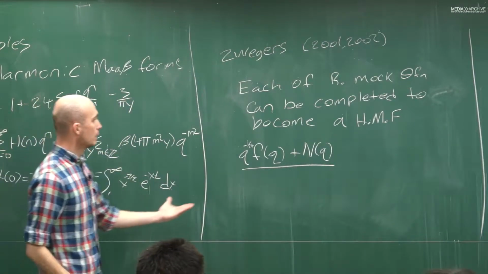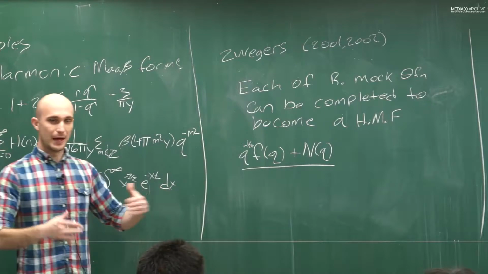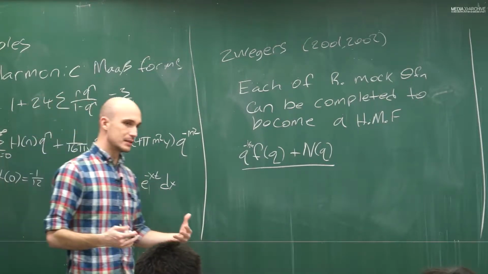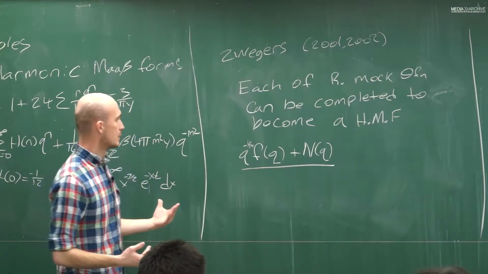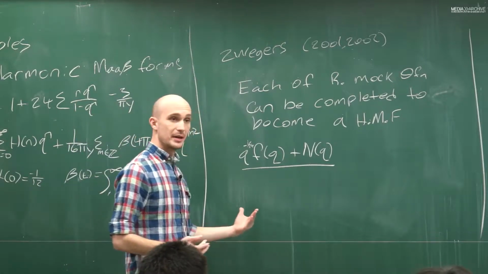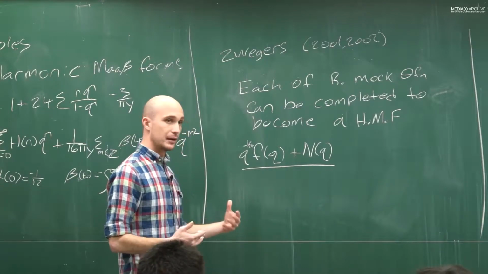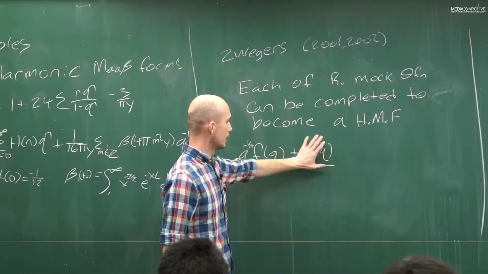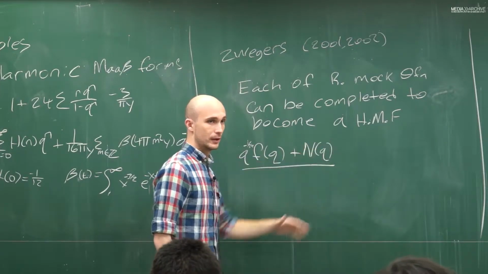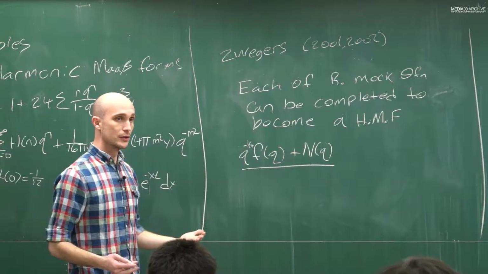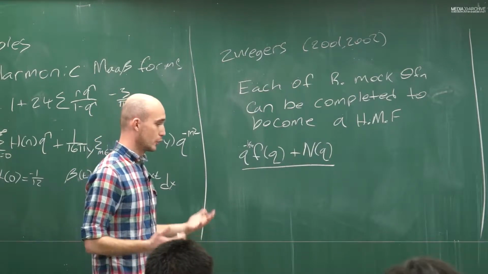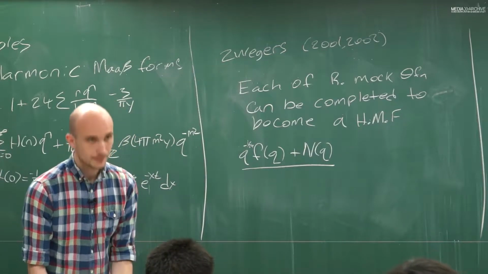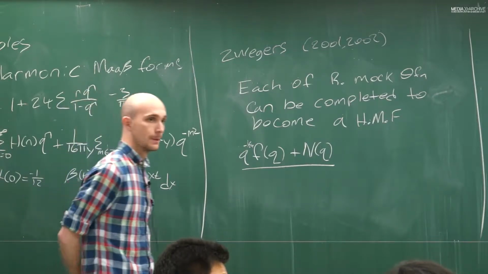So now suddenly that whole list of functions made sense. It made sense why linear combinations of the mock theta functions would give you modular forms: you were looking at linear combinations that would annihilate the non-holomorphic part. It also gave us a large list of concrete examples of harmonic Maass forms to look at. What are some properties of this non-holomorphic part?